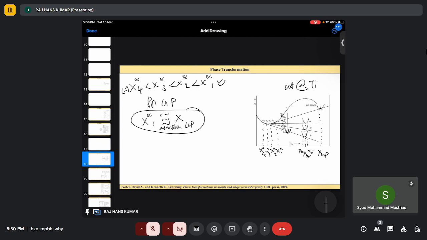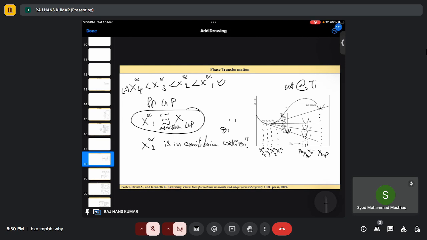Now, for theta double prime, x alpha 2 is in equilibrium with theta double prime.